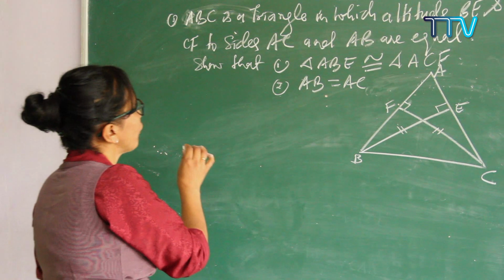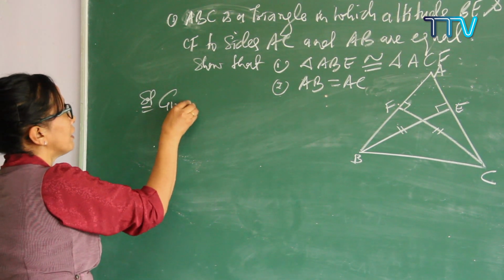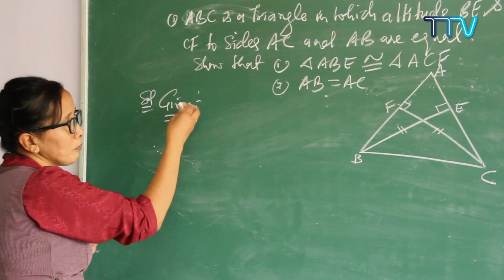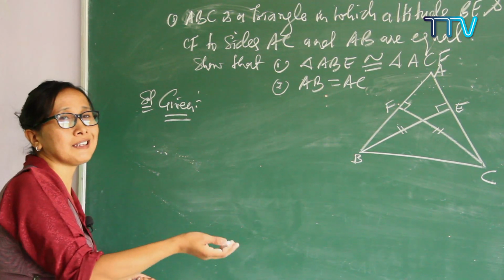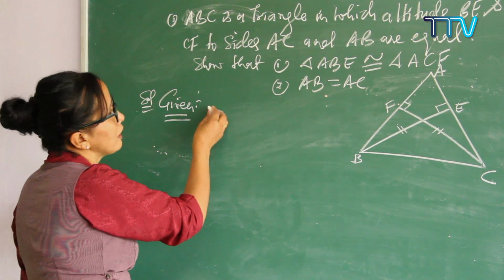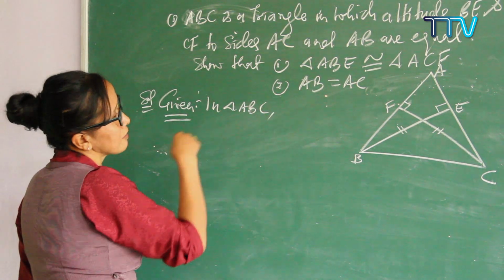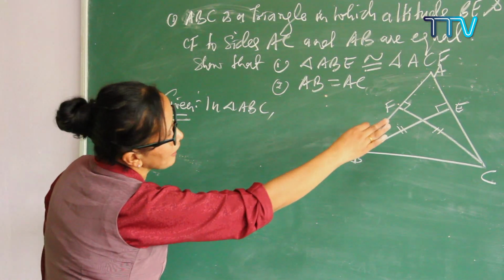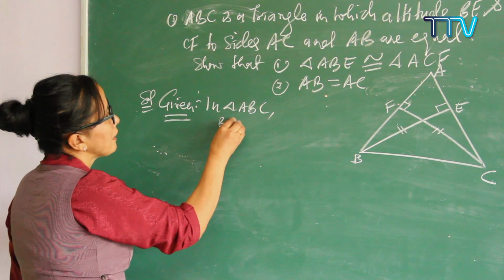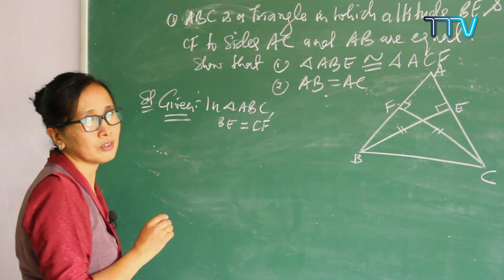So now, when you write down the solution, do write down what is given, one by one, so you know how to present this in your exams. In triangle ABC, BE is equal to CF. This is given.